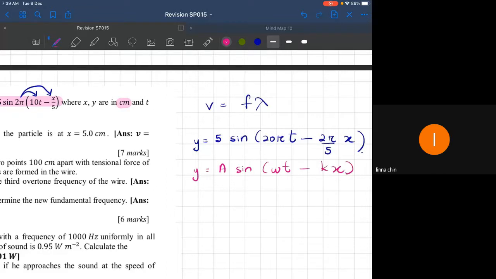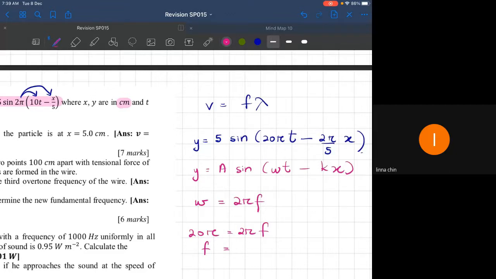Okay, so our aim is to find frequency dengan lambda. So kita tahu sudah omega sama dengan 2 pi F. So omega sama dengan 20 pi sama dengan 2 pi F. So our frequency is actually kamu tekanlah calculator, you will get your answer to be 10 kot.